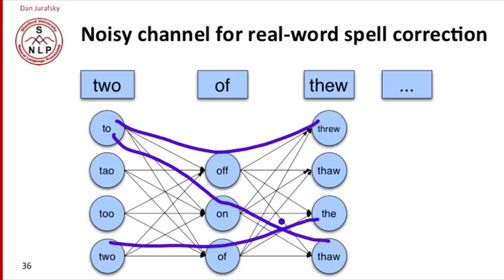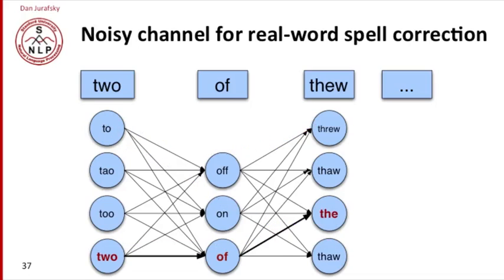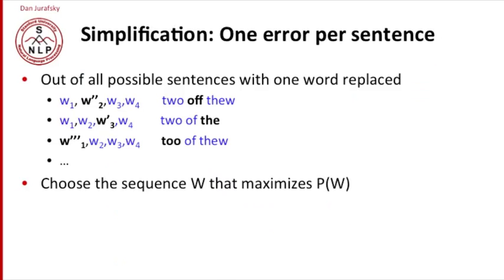We'll pick the most probable one according to the noisy channel. And hopefully a good noisy channel model will pick the correct answer, two of the, as our most likely sequence here. In practice, for spelling correction, we often make the simplification that we're only seeing one error, rather than letting every word have a possible error in it.